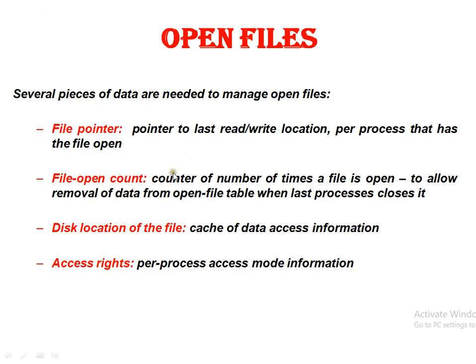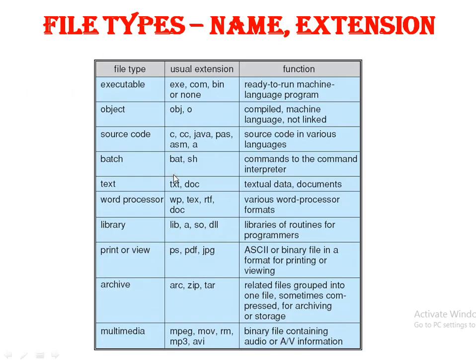Next, we shall see file types. As you are aware, there are different types of files: executable files, object files, source code, batch files, text files, word processor, library files, print or view files, archive files, multimedia files.